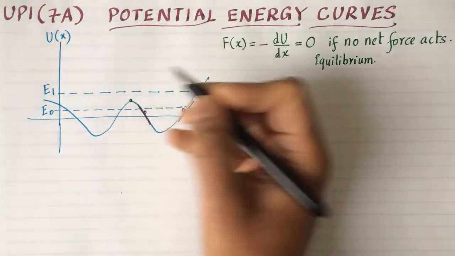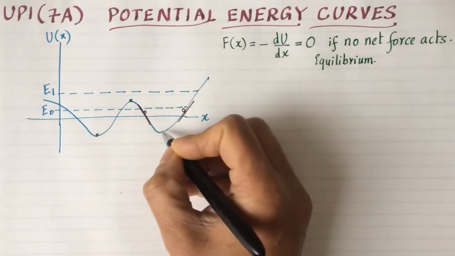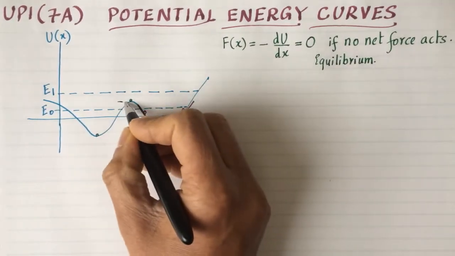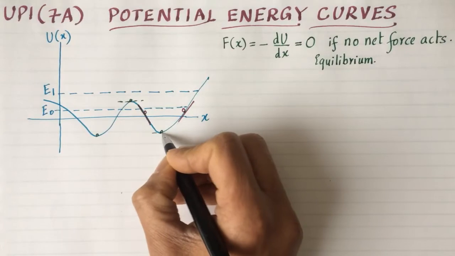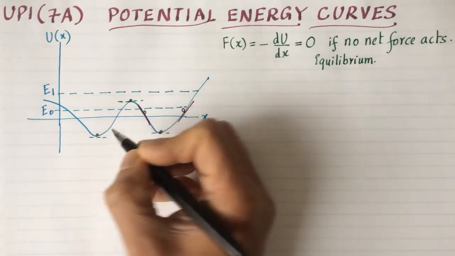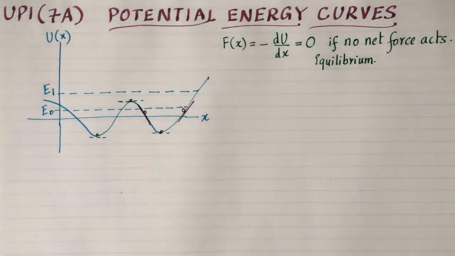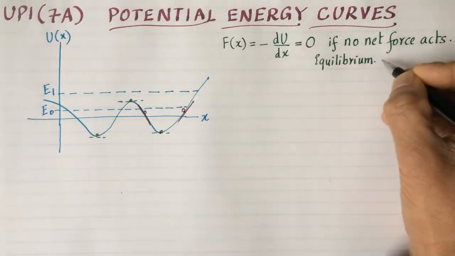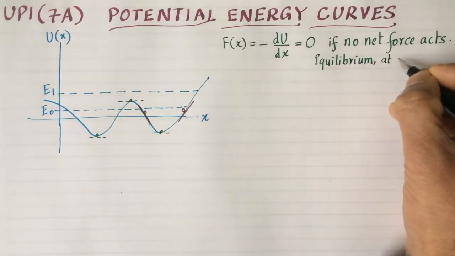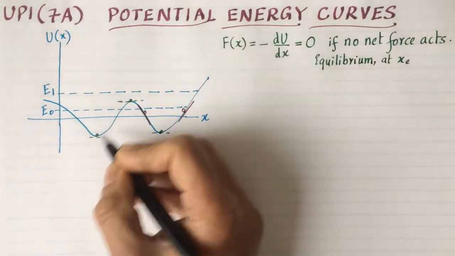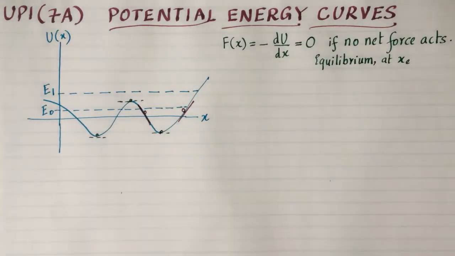Special points are places like this. So look out for places with flat tangents. Let's call these points of equilibrium x sub e. So there are 3 equilibrium points in this particular potential energy curve.